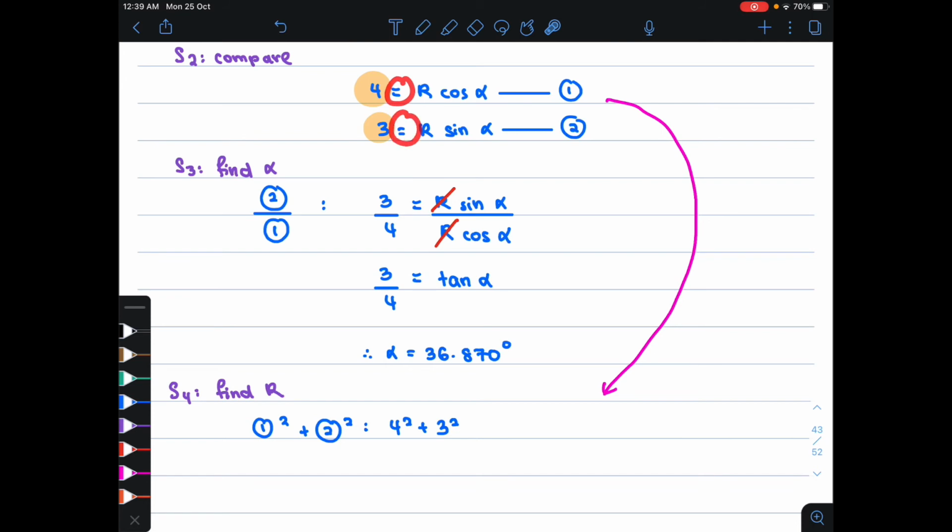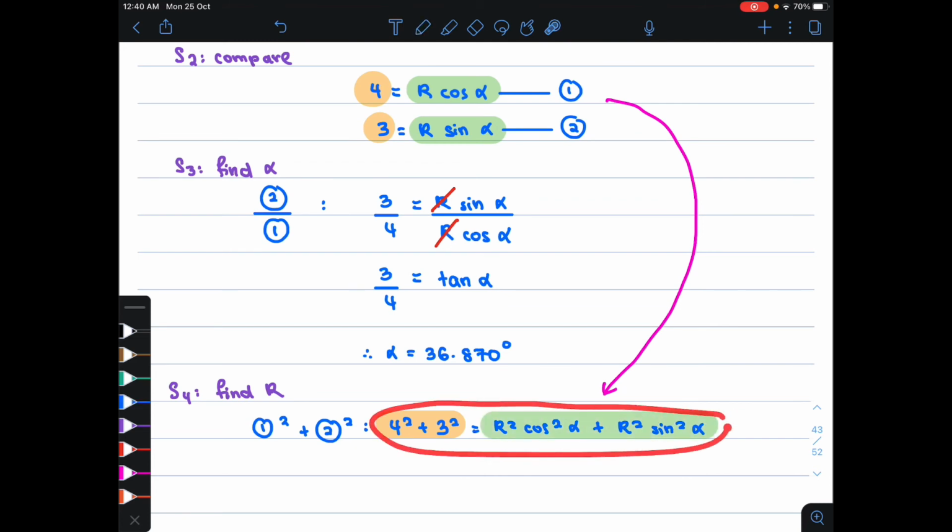Here we have an equal sign, so here is an equal sign as well. Next, for the right hand side, take the first equation and square it, so you'll get r squared cos squared alpha. Then you add the second equation squared, so you'll get r squared sine squared alpha.